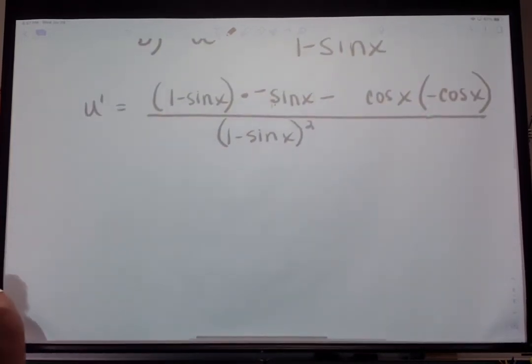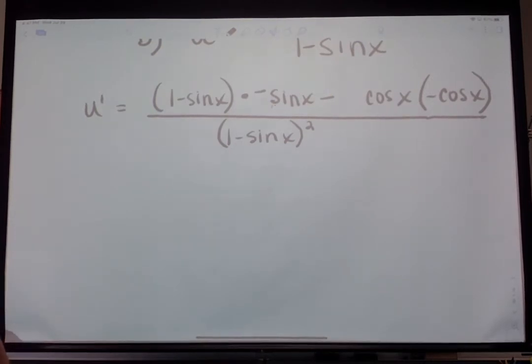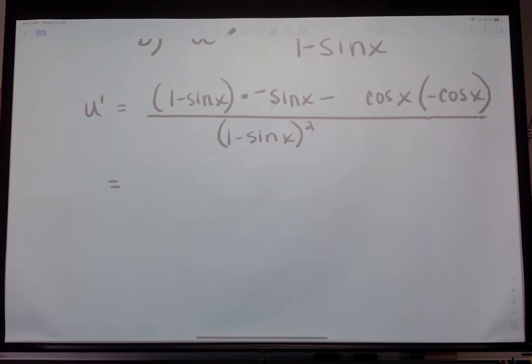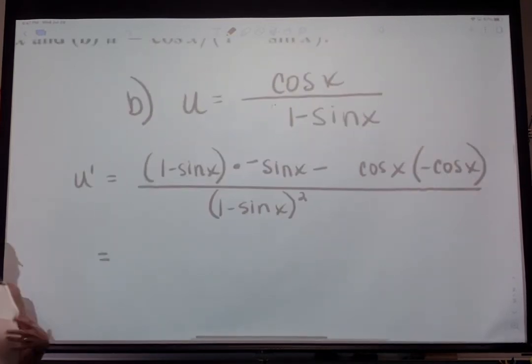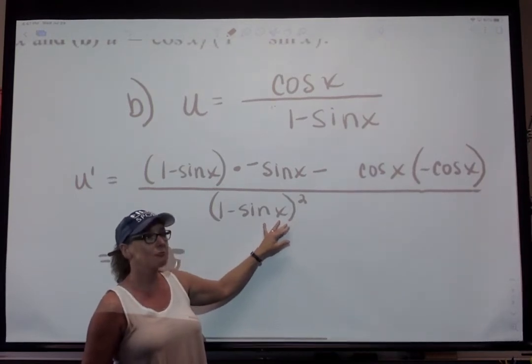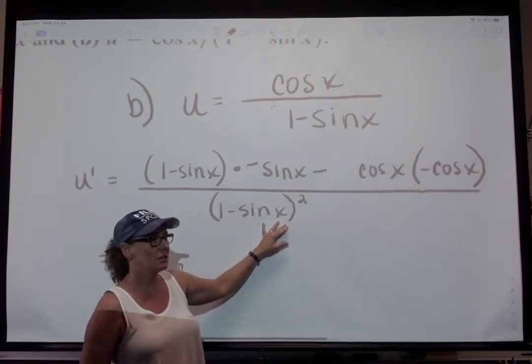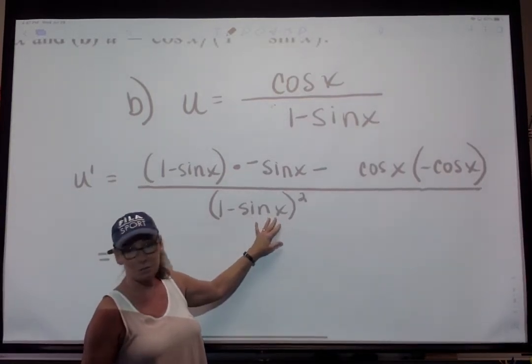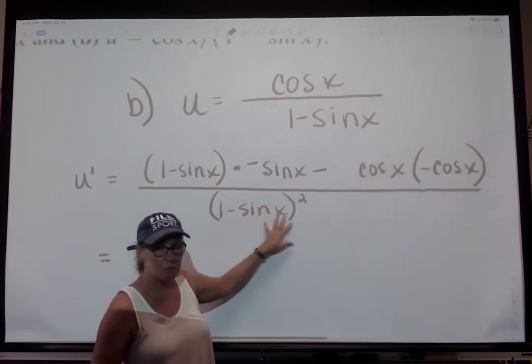All right, now let's see what we can do with this mess. You're going to hear me say this. This is going to be typical. We are not going to multiply out our denominator. I really hope that at some point I may be able to cancel something with my denominator. I am not going to multiply that out yet.